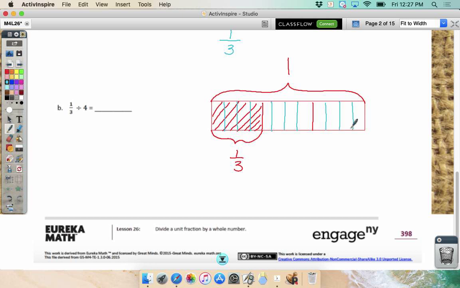And I'm going to double shade the very first little box. So what is the answer here? 1/12. Is that what my tape diagram shows? Yes. Did anybody count and see? Yes. For sure? Okay. Let's go to the next page.